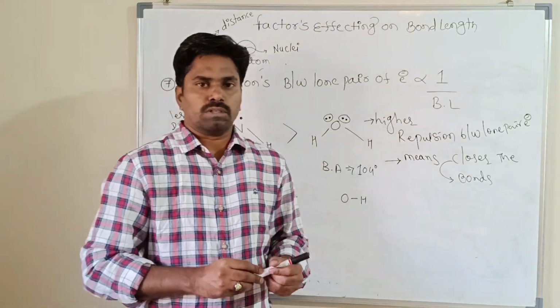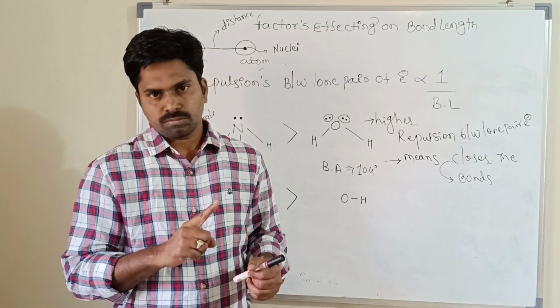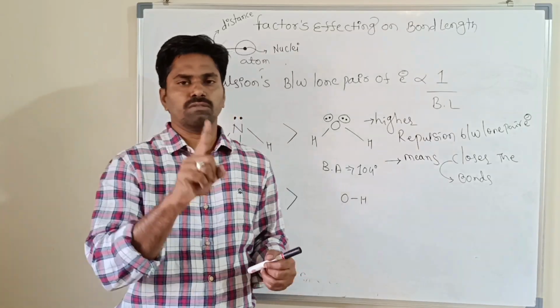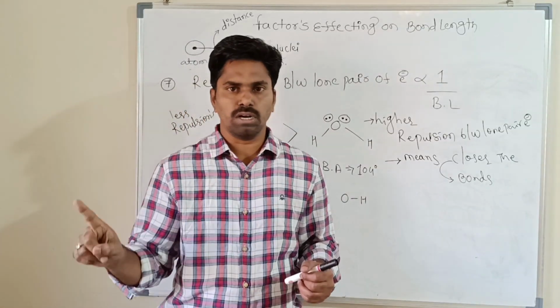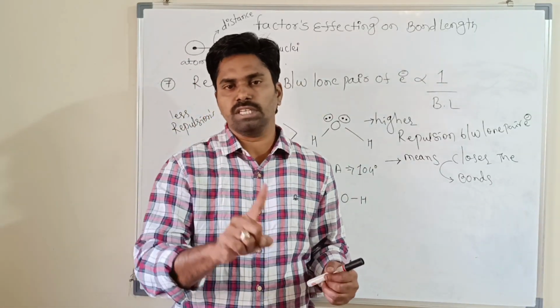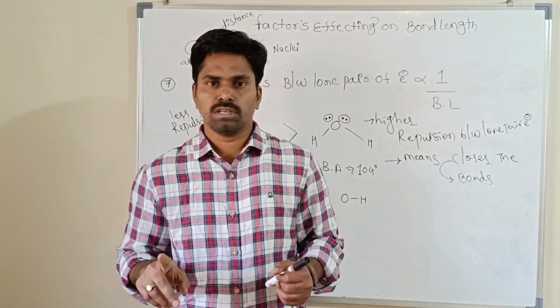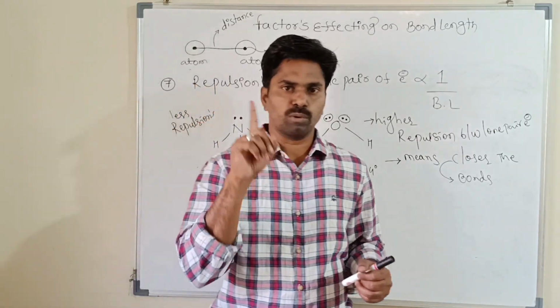Remember once: the first factor is bond order. Bond order and bond length are inversely proportional. The second one is atomic size. Atomic size and bond length are directly proportional. The third one is electronegativity. Electronegativity and bond length are inversely proportional. The fourth case is hybridization. Percentage of s character is inversely proportional to bond length.